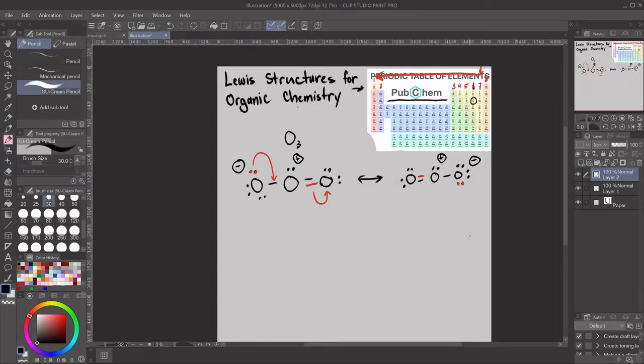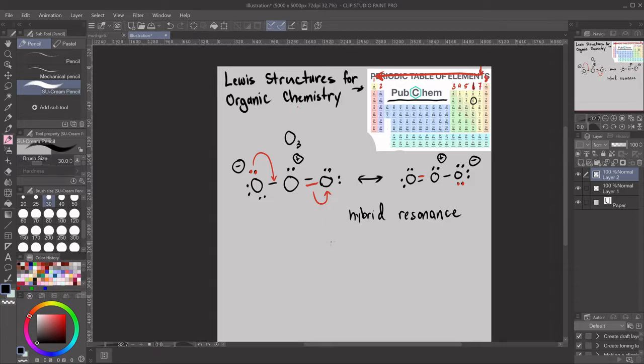And if I were to ask you which one of these is what actually occurs in nature, that would be a trick question. Because what actually is seen in nature is something called a hybrid resonance structure, where each resonance structure is going to contribute to the actual structure in real life.